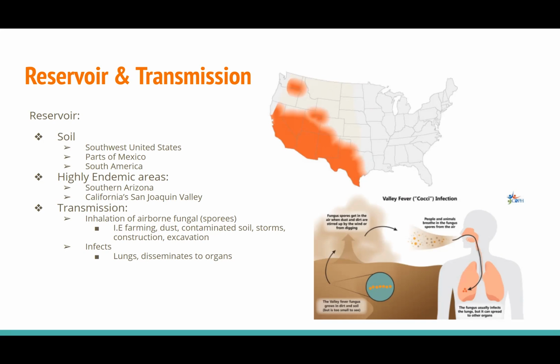Once you inhale them into your body, you're going to infect your lungs. And then in some severe cases of coccidioidomycosis, it will infect your lungs and then disseminate to other organs. So once the fungal spores spread to the other organs of your body, that's when coccidioidomycosis becomes very severe for most patients.